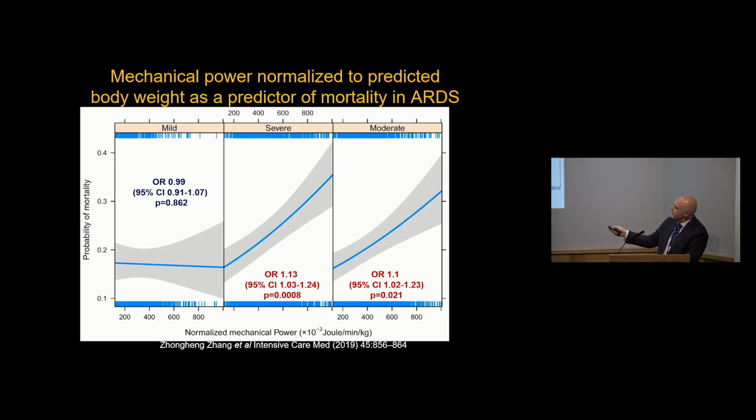But when you go to severe disease, the amount of energy per predicted body weight progressively increases. So that's just an idea. You were saying earlier, what is the pressure? Is the pressure over an area? If you've got a large area, the same pressure would be less injurious than the same force on a smaller area.